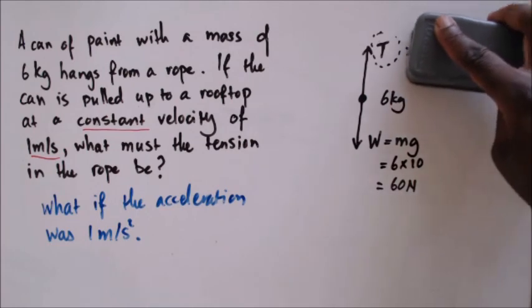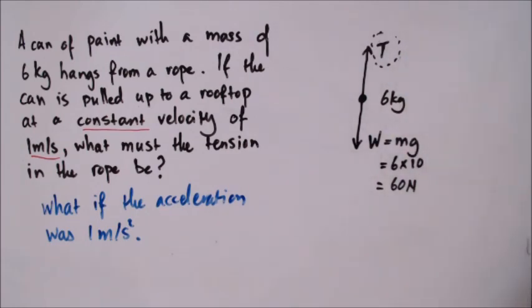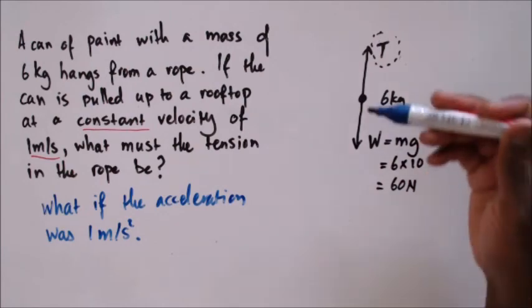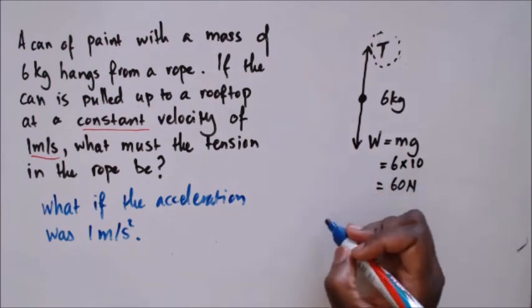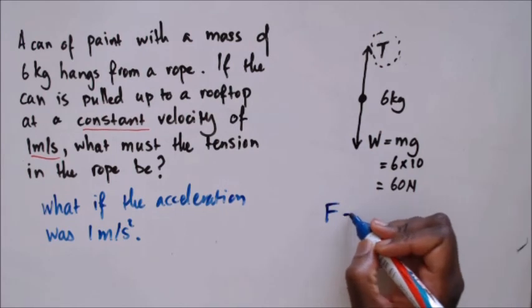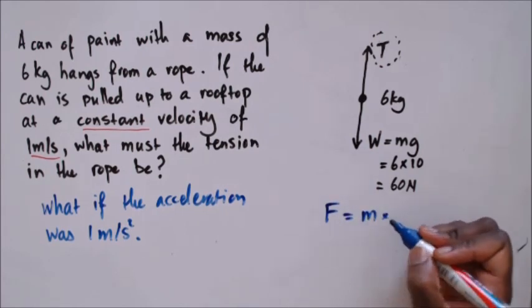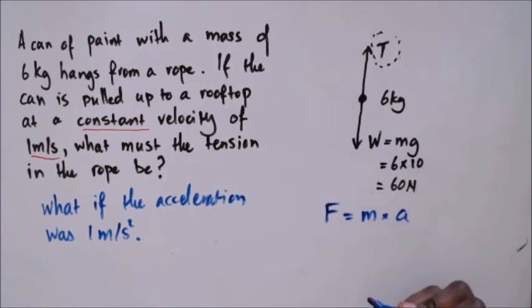The tension is no longer 60 newtons, clearly. But our weight, we know, is 60 newtons, which acts downwards. But we need some kind of resultant force in the upward direction in order for us to have an acceleration of 1 meter per second squared. So what we can say is from Newton's second law, the resultant force is equal to the body's mass multiplied by its acceleration.